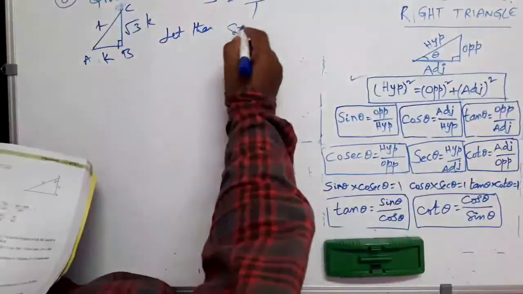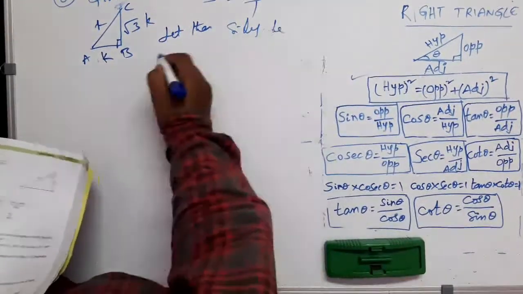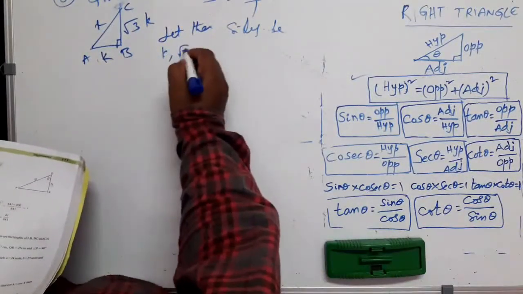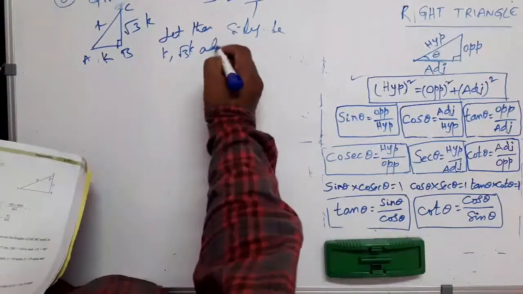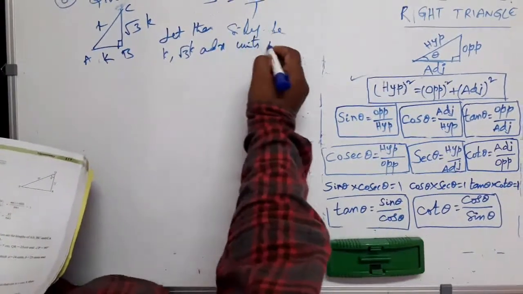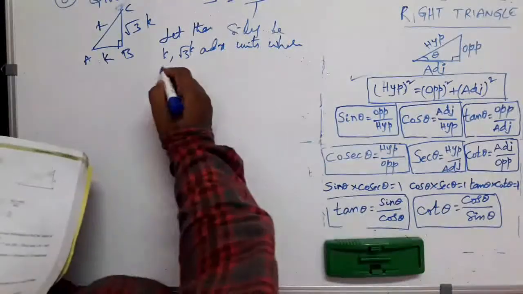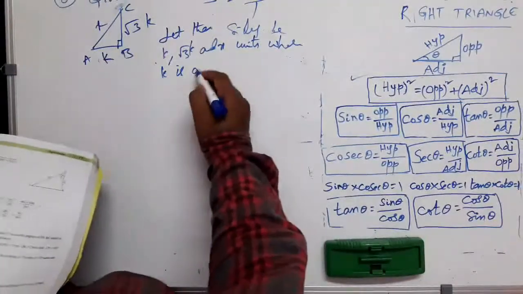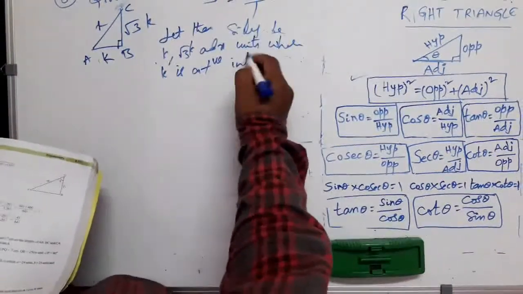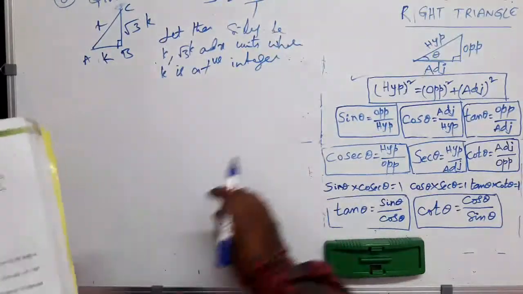So let the sides be k, root 3k and x units, where k is a positive integer. Let us write like this.